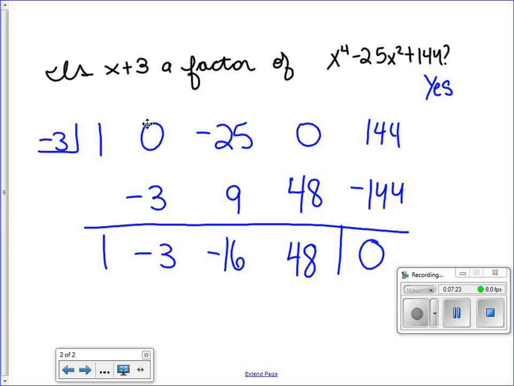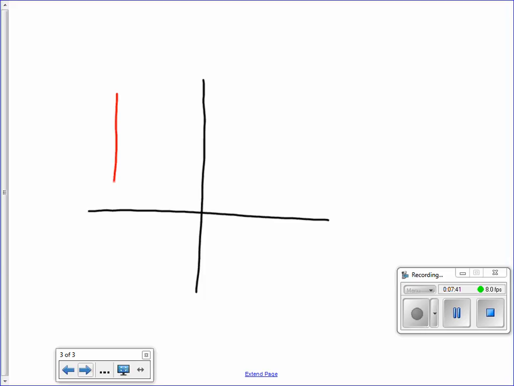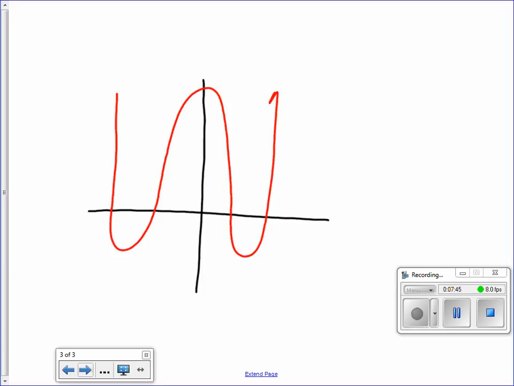Alright, you got it? Okay, so this problem was x to the fourth minus 25x squared plus 144. When I graph it, it looks something like this. That's what it looks like.